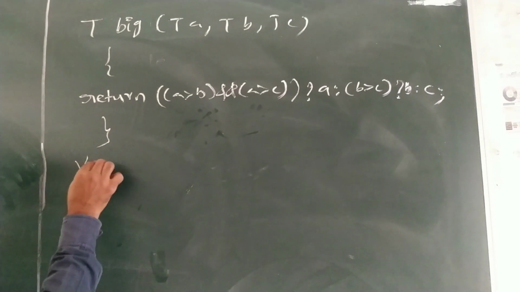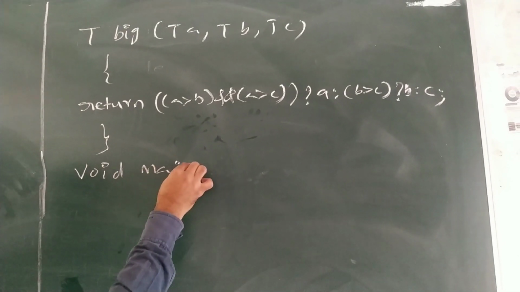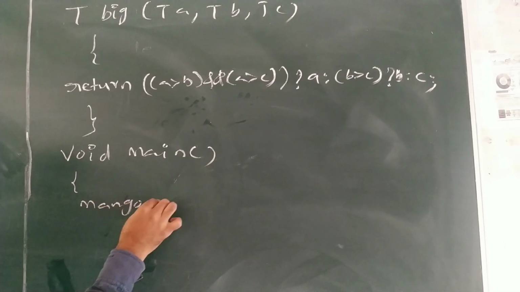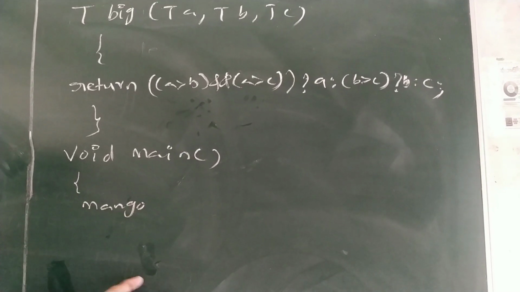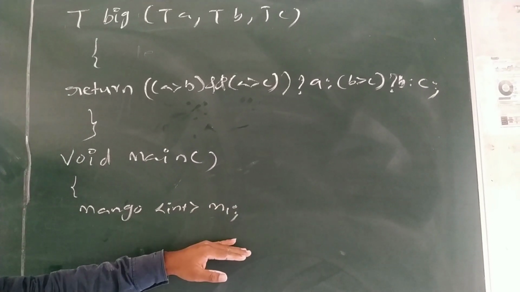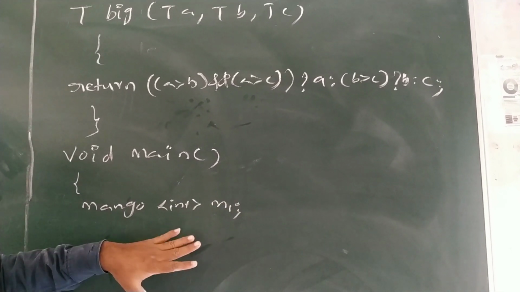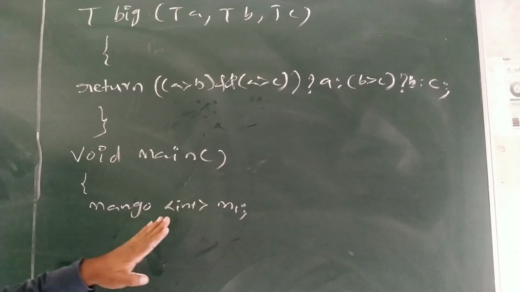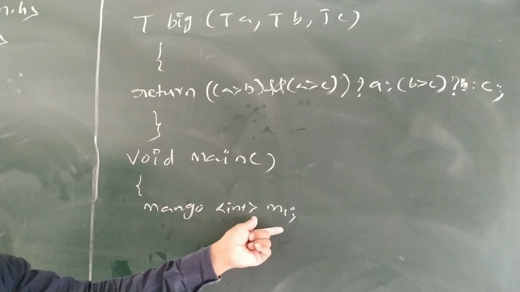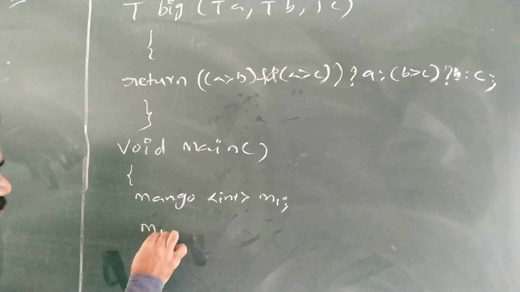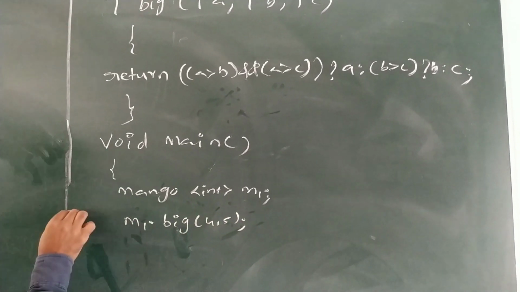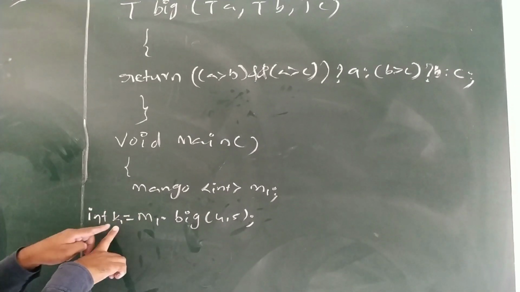Now the main function, void main. Just a variable declaration here. You should mention which type the template is, that is integer. So the object is declared for the mango class. It is difficult to create an object for a generic class; we should mention which type it is. Mango integer m1. Next, m1 dot big of 4 comma 5. That value is stored in the k variable.